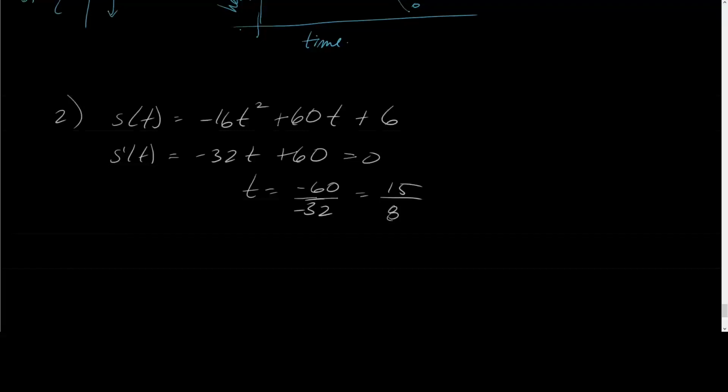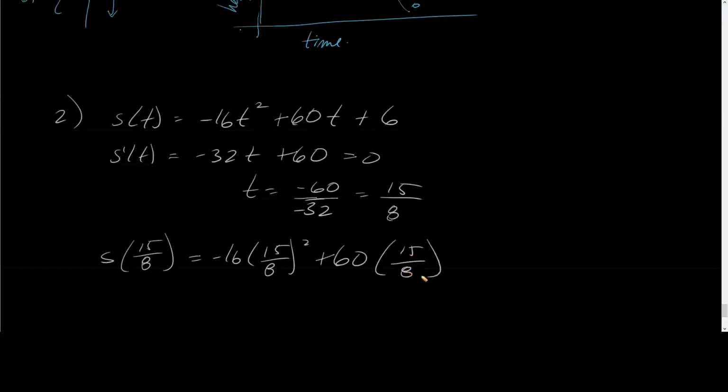So now to answer the original question, what is the maximum height? We have to plug that 15/8 into our position function. So that gives us negative 16 times 15/8 squared plus 60 times 15/8, and then plus 6.